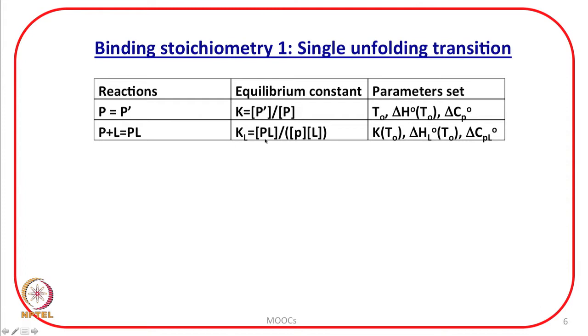KL is equal to concentration of PL divided by concentration of P into concentration of L. And we can also get the parameter set, the values of K at T0, delta H, L associated values at T0 and delta CpL values under standard state conditions.